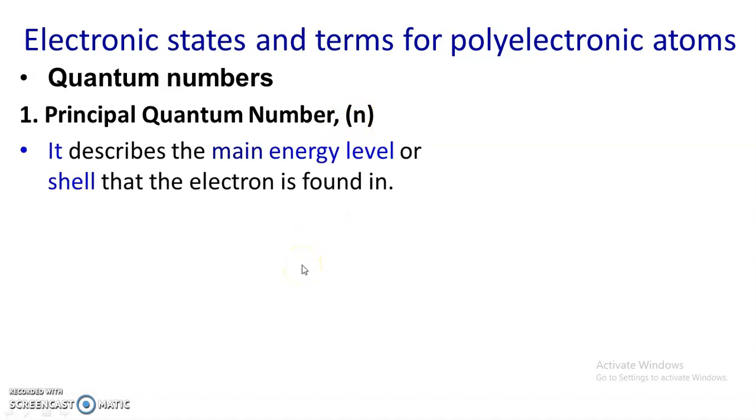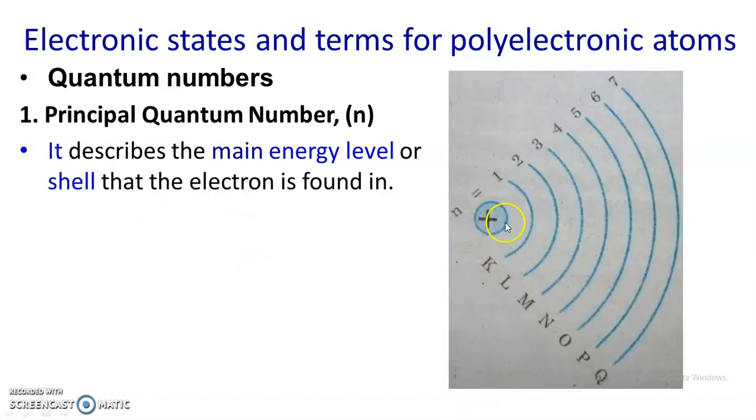This principal quantum number describes the main energy level or shell that the electron is found in. You know, at the center of atom there is a nucleus. Electrons are revolving around the nucleus according to Bohr's atomic model, and electrons are present in the main energy levels or shells, and these are designated by principal quantum number.